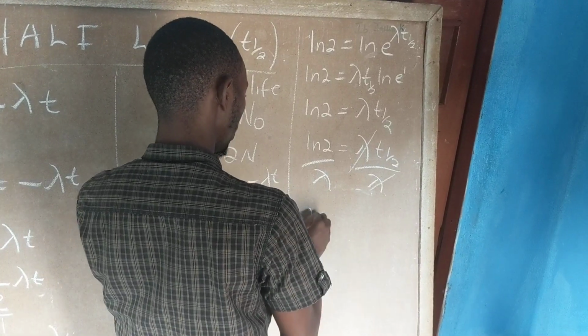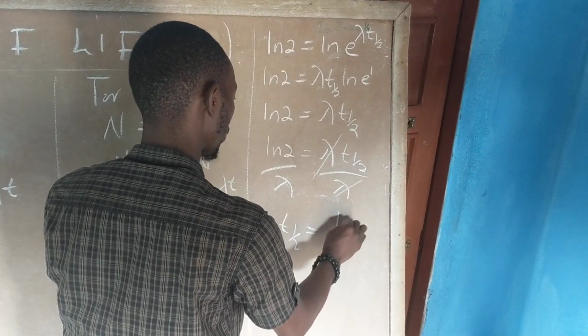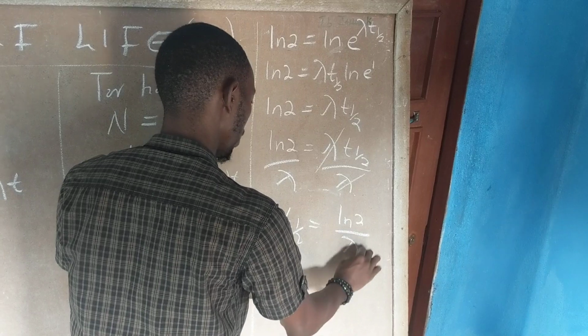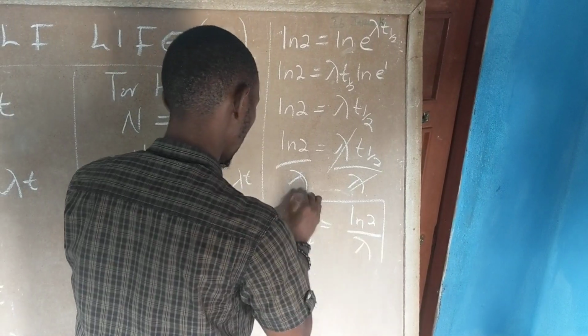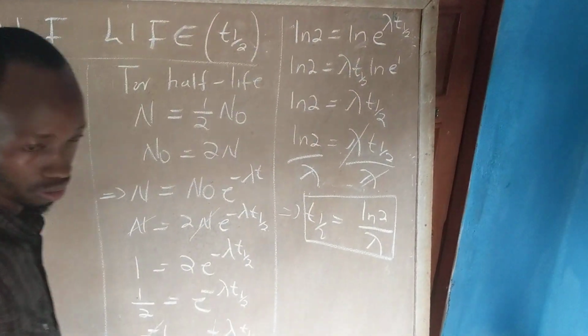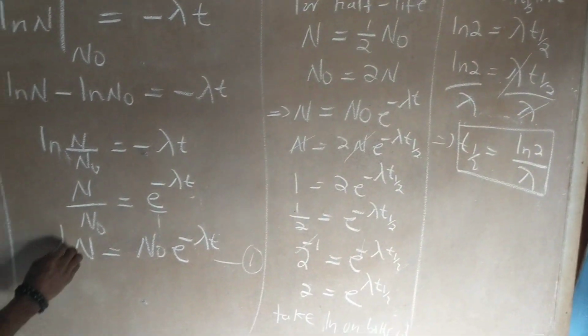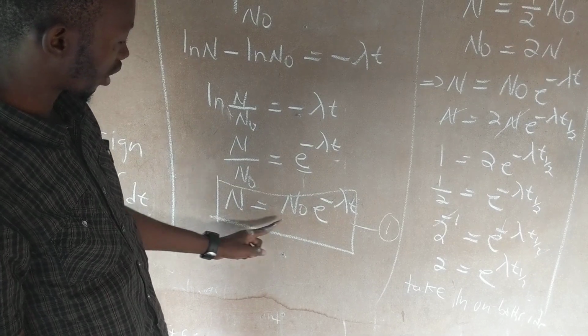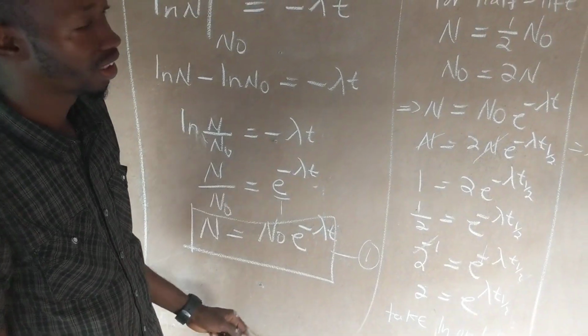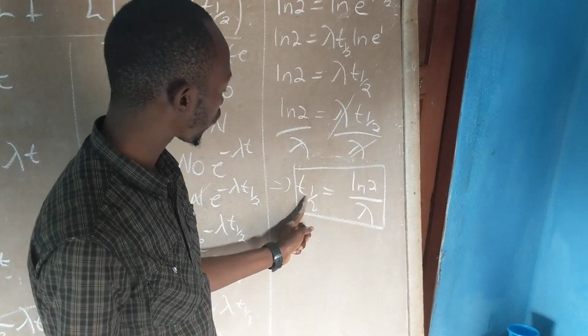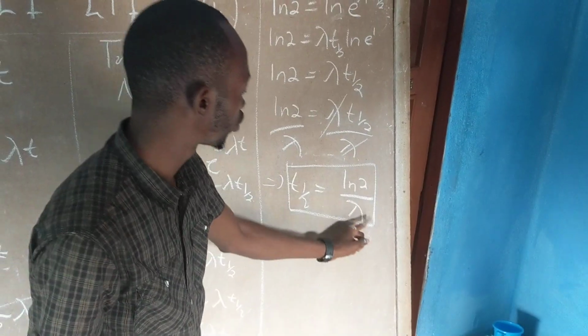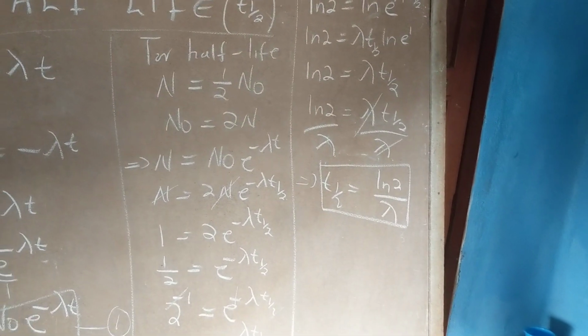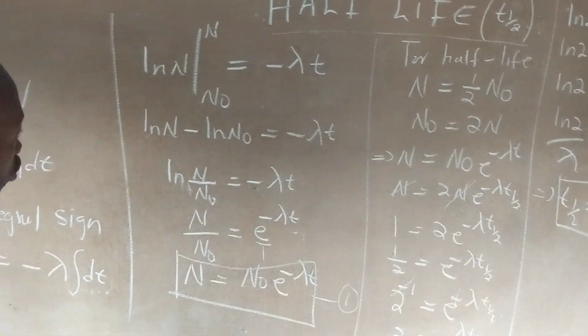So therefore, this implies T half equals ln 2 all over lambda. So this is another formula I want us to capture. So the two formulas I want us to capture for now are the nuclei present, N equals N0 e power minus lambda t, and the half-life, T half equals ln 2 all over lambda. So these are essential formulas I want you to capture.